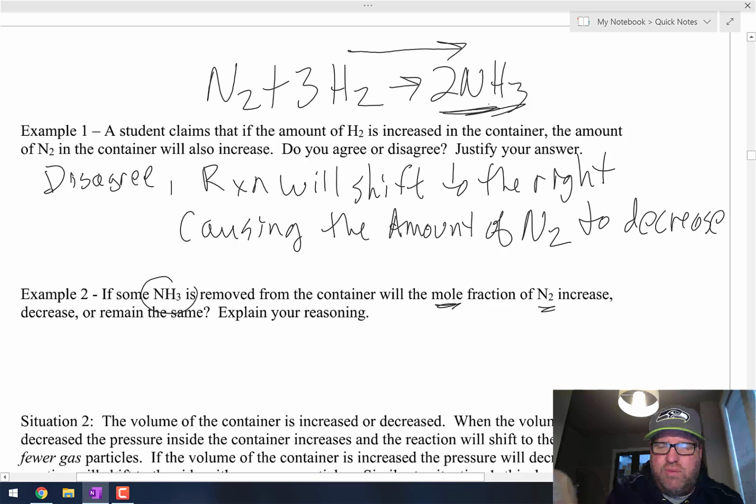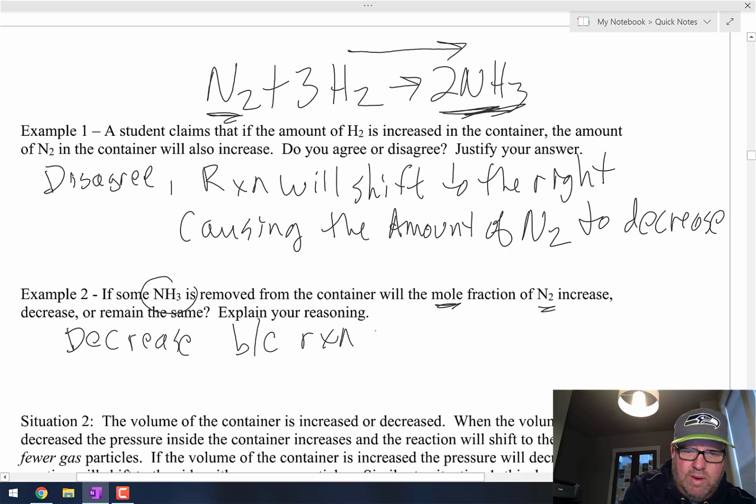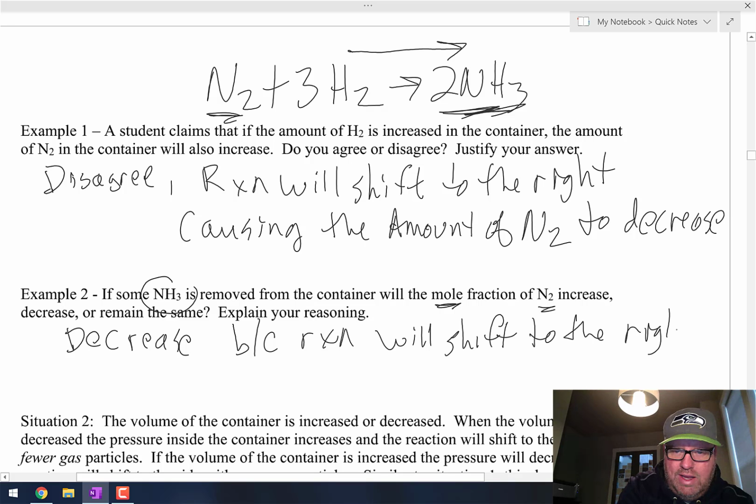It's going to shift to the right to make more NH3. And what's that going to do to the moles of nitrogen? Of course, when it shifts to the right, the amount of nitrogen is going to go down. So we're going to say decrease, because the reaction will shift to the right.